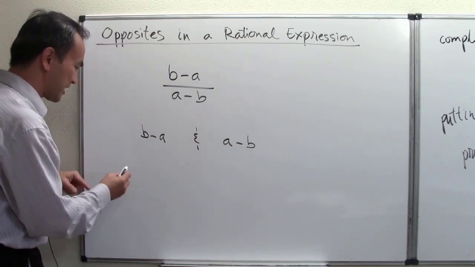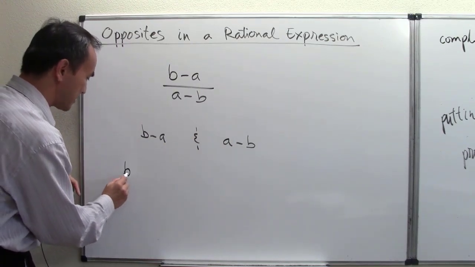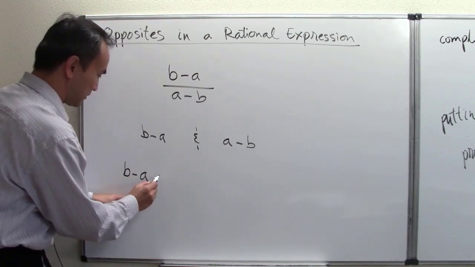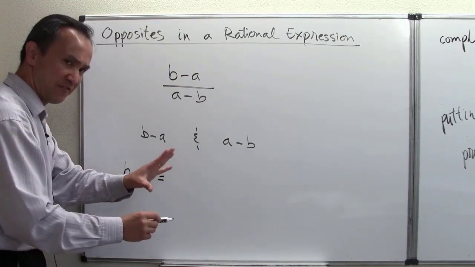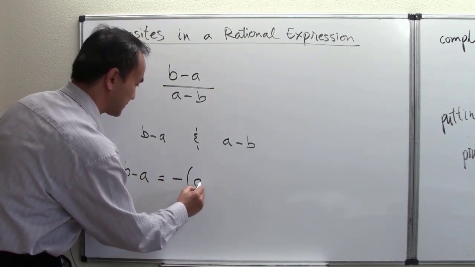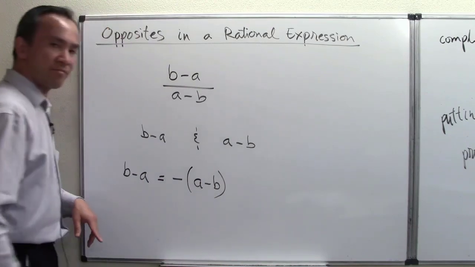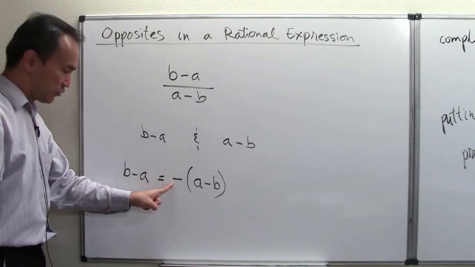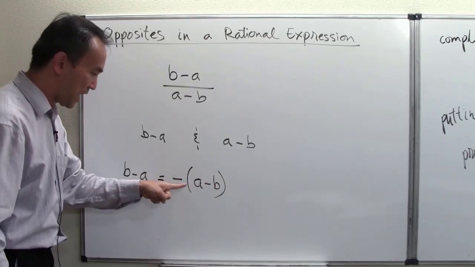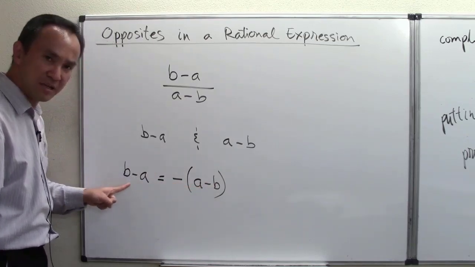So algebraically, b minus a right here, between the two terms, we can purposely factor out a minus sign and leave a minus b. Think about if we distribute that minus sign into each one of the two terms right here, we're going to land back into minus a plus b, which is exactly b minus a.